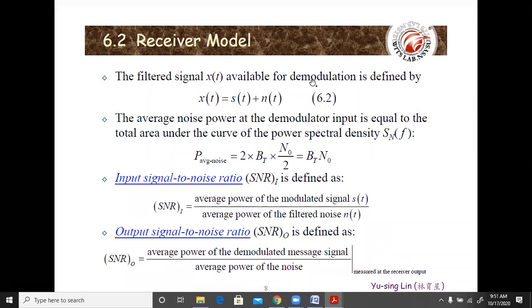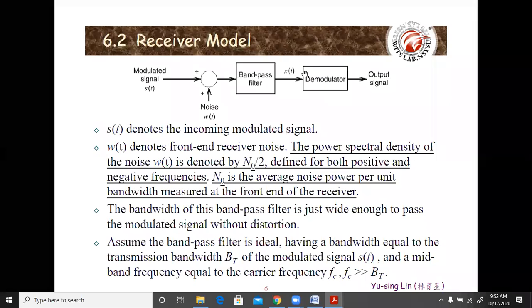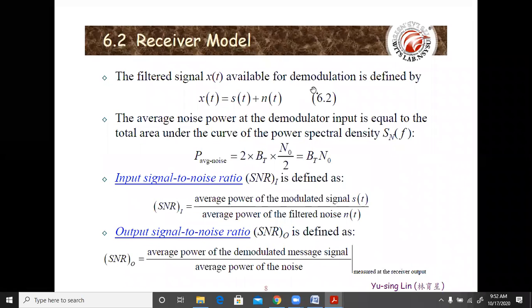So the filtered signal XT available for demodulation, after passing through the band pass filter, is inputted to the demodulator, and that will be ST plus NT.